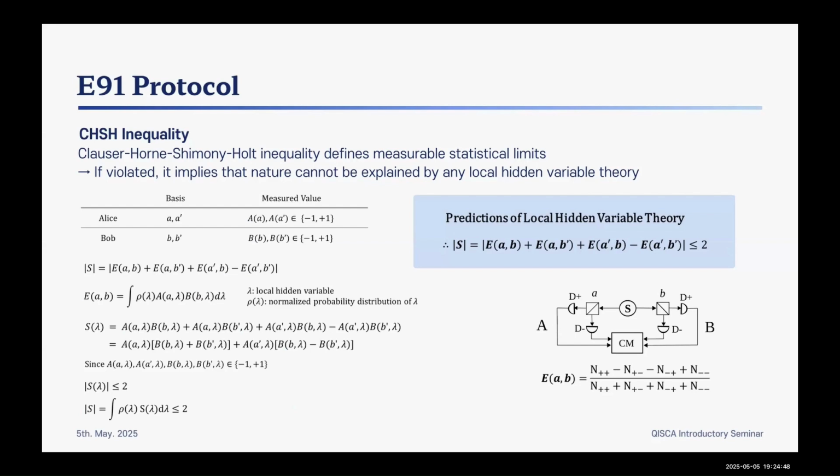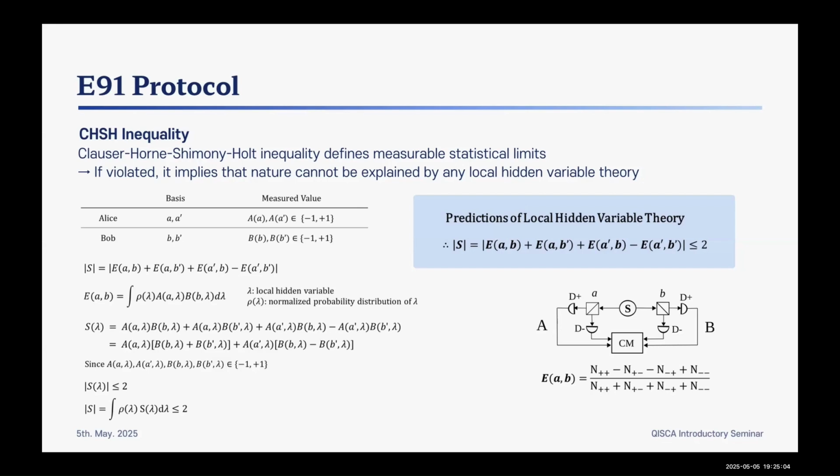In the setup, Alice chooses between two measurement settings, which we'll call A and A prime, and Bob chooses between B and B prime. Their measurement results are either +1 or -1.